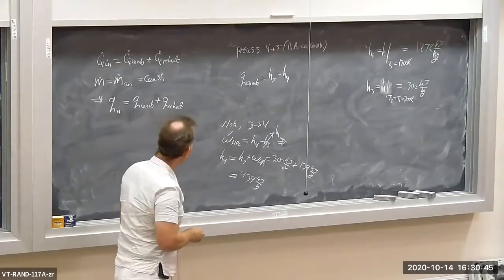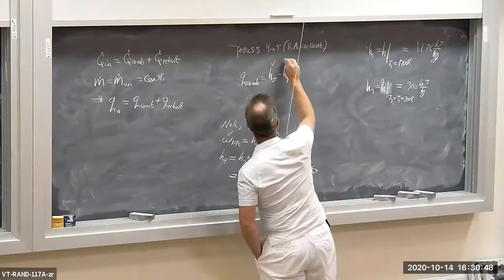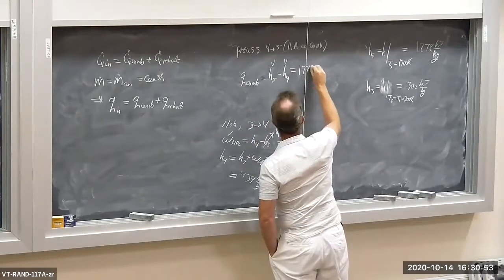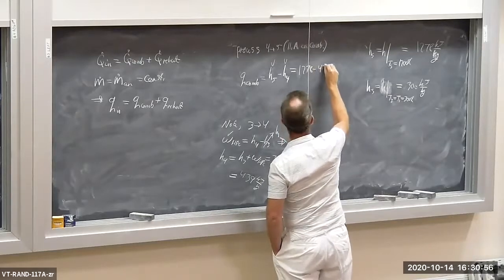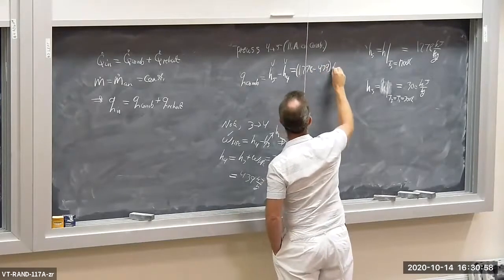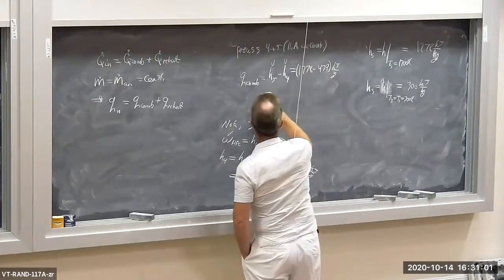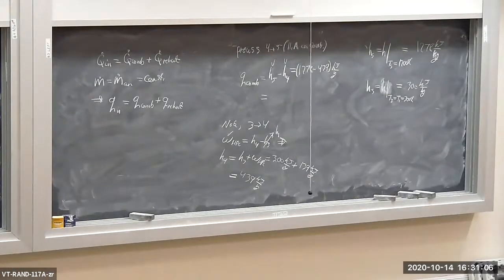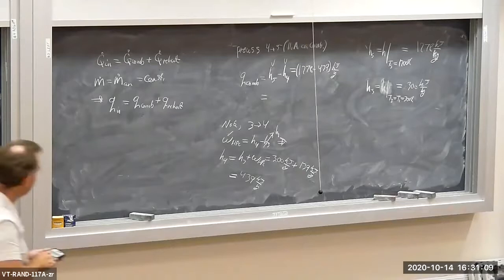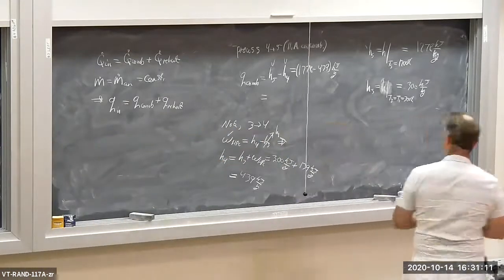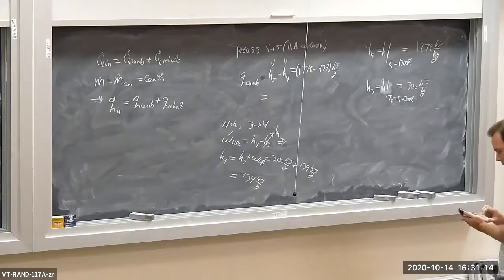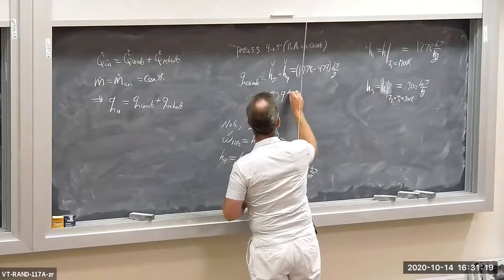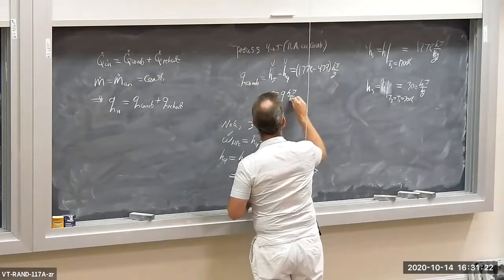Okay? So I have H5 and now I have H4. Thank God. Let's see here. 1278 minus 439, and that's kilojoules per kilogram. I think I need my calculator for that one. 1278 minus 439, I get 839 kilojoules per kilogram.